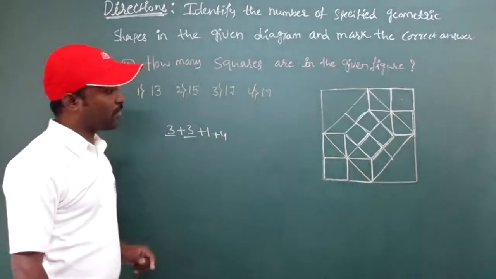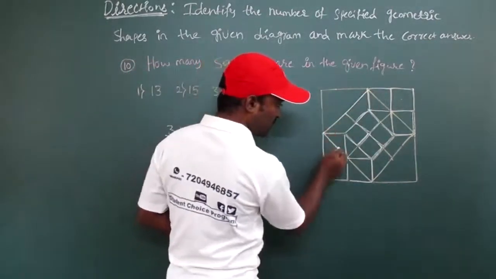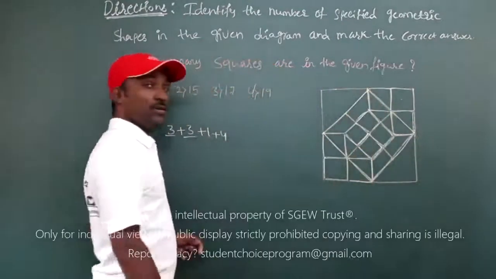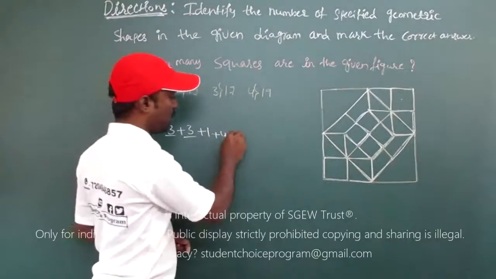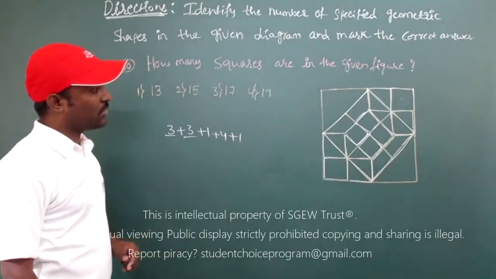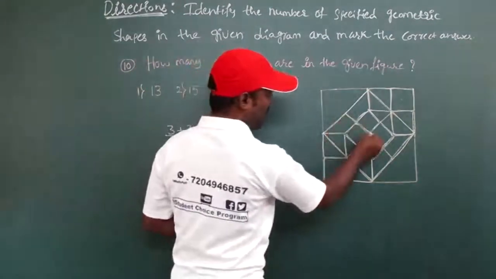Now, if you observe, you will find one more square here. This is one more square. Plus 1.